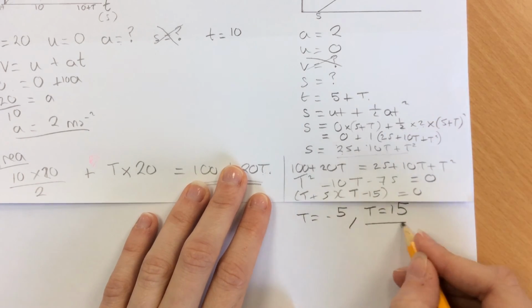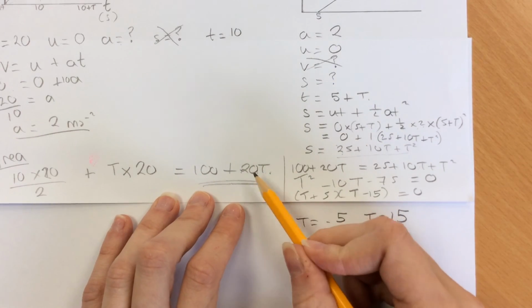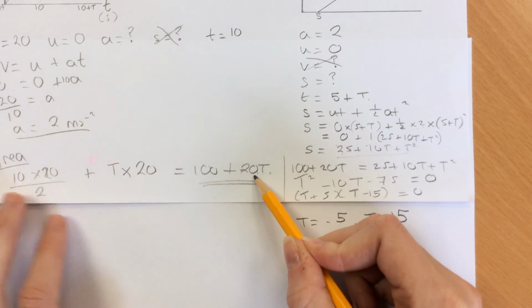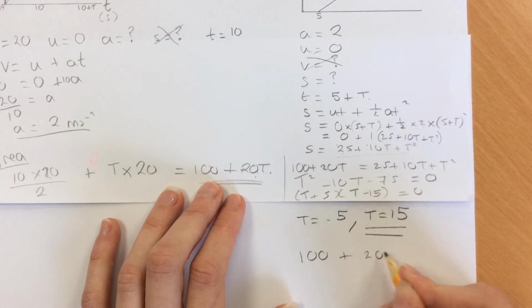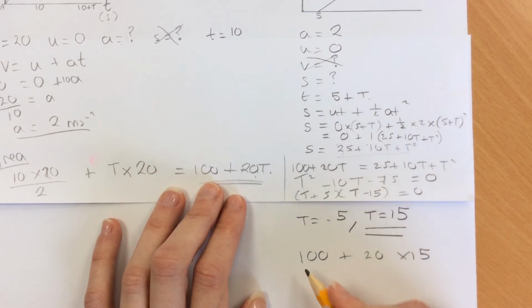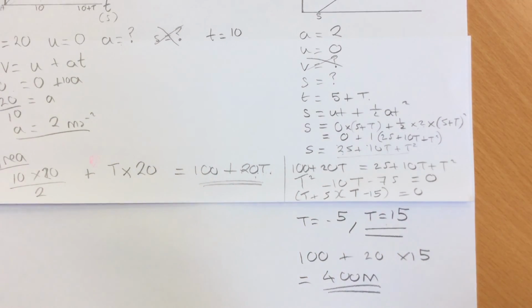Now then, we're going to use t equals 15, the positive one, for a time. So plugging this back into this equation to actually work out our final answer is going to give us 100 plus 20 times 15, which gives us a final answer of 400 metres.